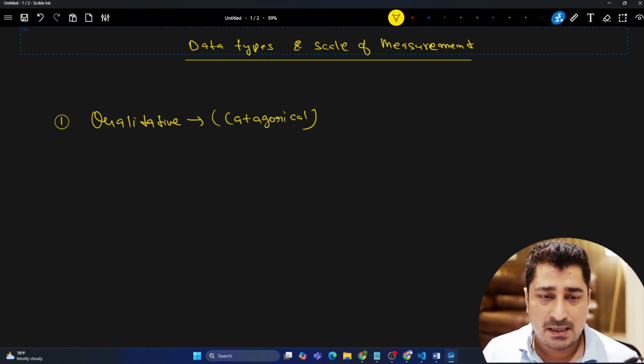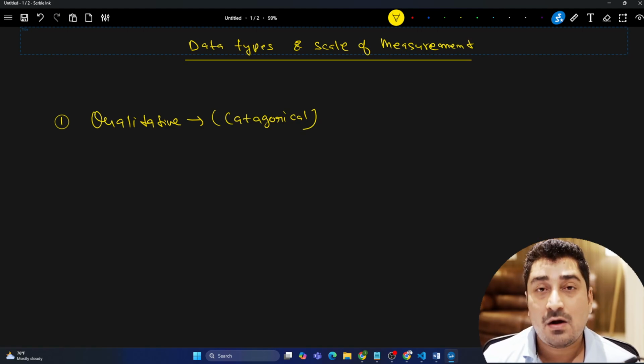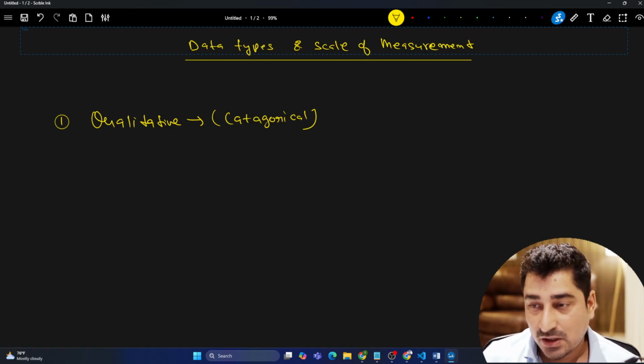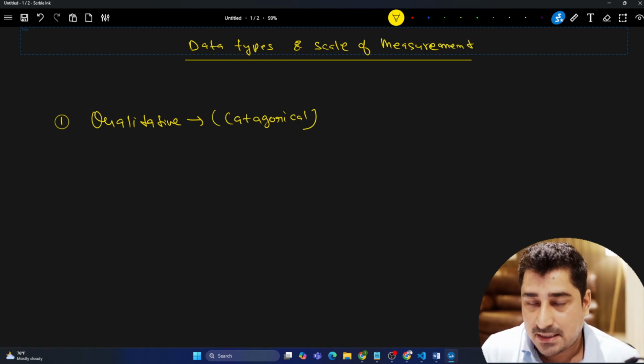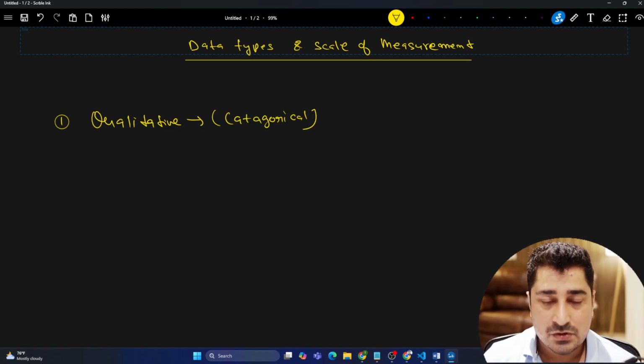So when we are talking about these names, actually we are talking about a category of the data. That's the reason it's called categorical data, or we say qualitative data. So based on the quality of that particular data we are trying to represent it, or when we are taking a name, we are certainly talking about a quality of that particular data set.